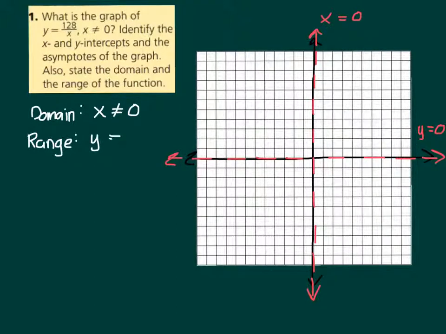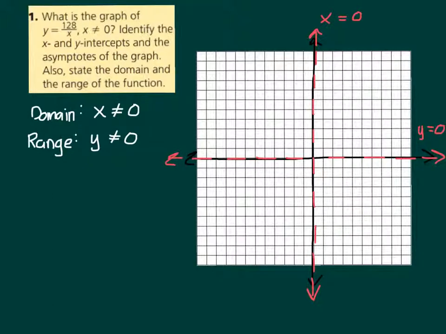y cannot be 0. The only value y cannot take on is 0. You could make it anything else. But if it's defined as 128 divided by x, that will never be 0. You could make that as large as possible. If I plug in an x value of 0.000000001, then the value of y is going to be huge, right? 128 divided by 0.000000001, really big number.